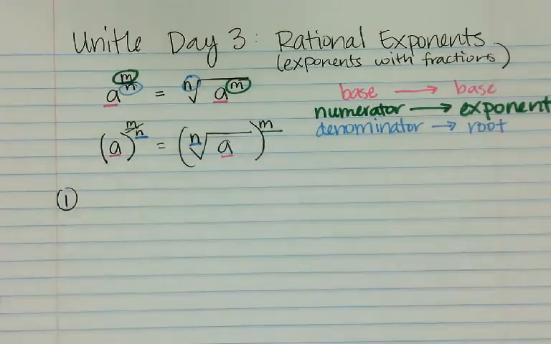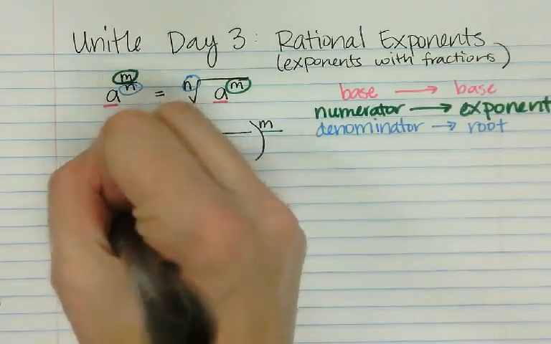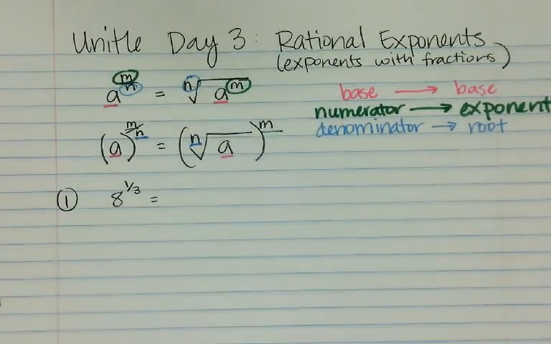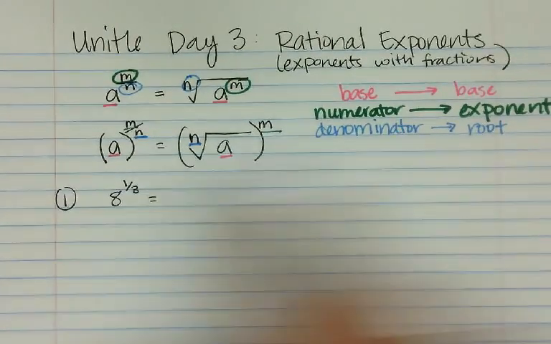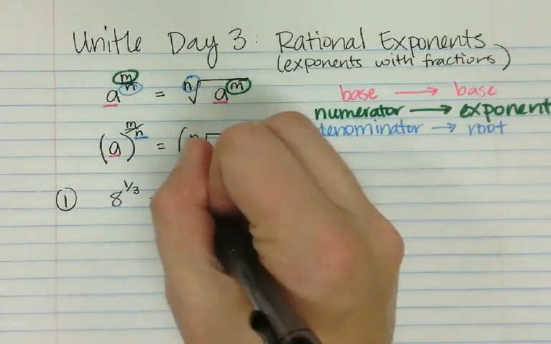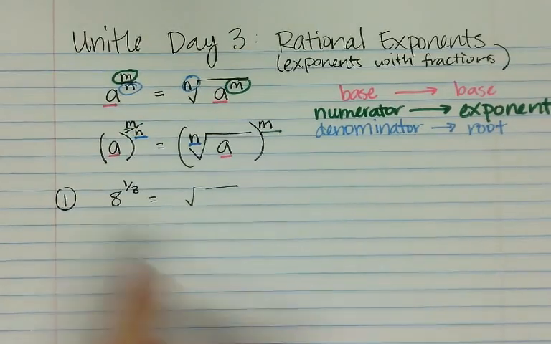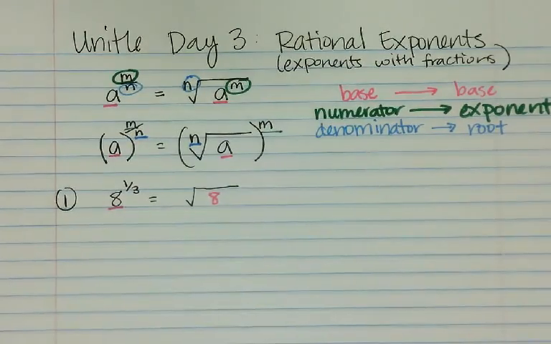So if we look at this with just numbers right here, guys, if we had 8 to the 1/3, we could rewrite that fractional exponent or rational exponent as a radical. And guys, we look at this and we say, okay, 8 is my base, so 8 is still my base.